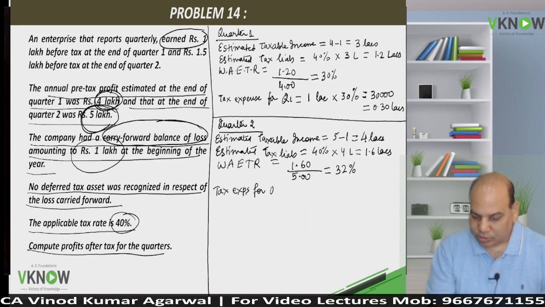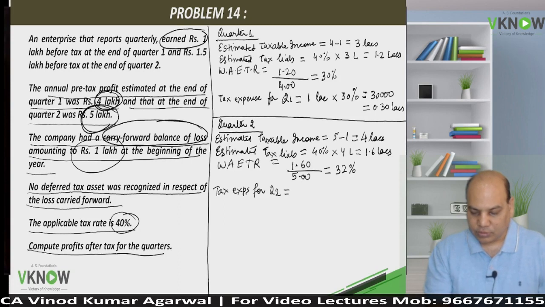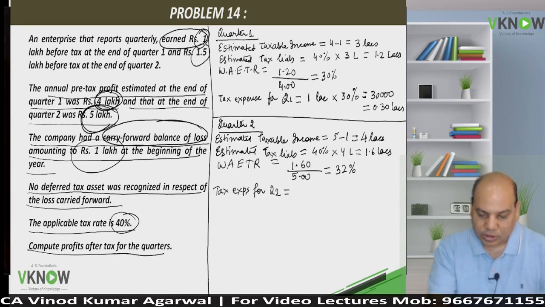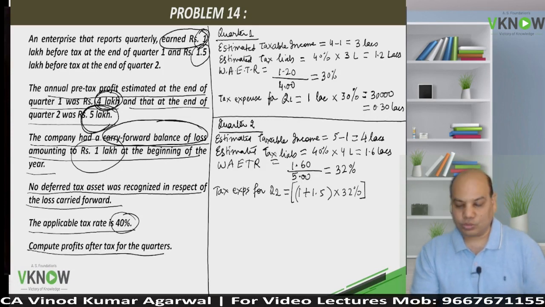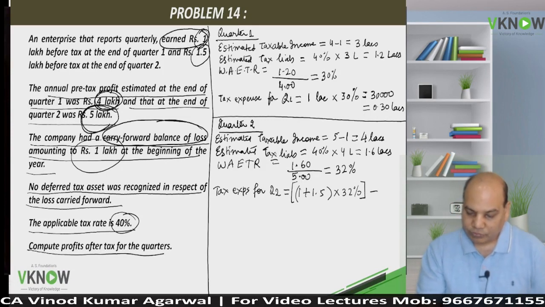Now we'll come to tax expense for quarter 2. What is my total income of quarter 1, 1 lakh, quarter 2, 1.5 lakh. So 1 plus 1.5 lakh into 32%. This is my total tax liability of quarter 1 and quarter 2 minus tax expense already provided, 0.30 lakh in the first quarter.